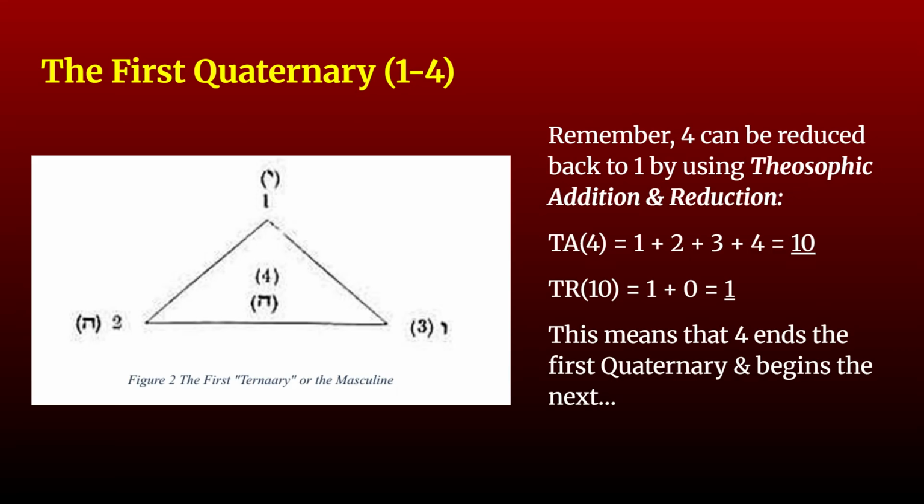So when you visualize this or draw this, it looks like a triangle with correspondence to the letters of the sacred name, the Yod, the He, the Vav, and the He, with 4, the regeneration, the manifest, being placed in the center of the triangle, because that will be used to continue the second negative, passive, feminine quaternary.